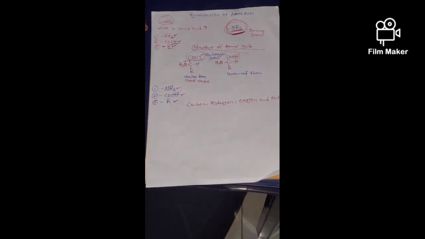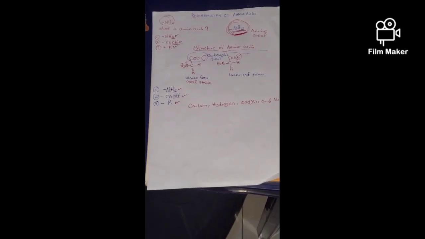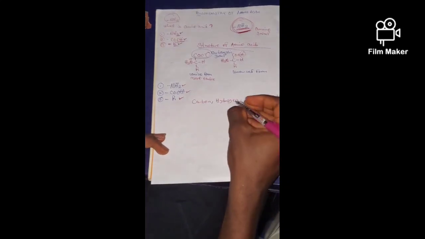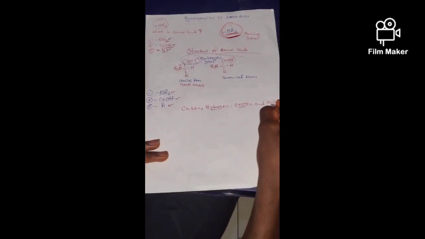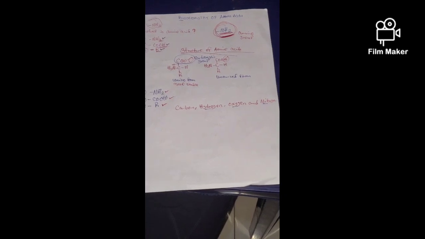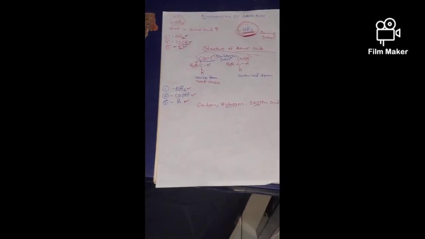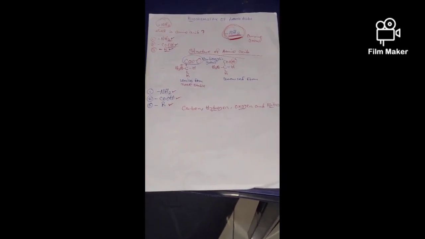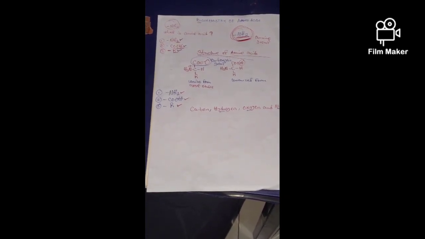That is to say, the key major elements found in amino acids are carbon, hydrogen, oxygen, and nitrogen.